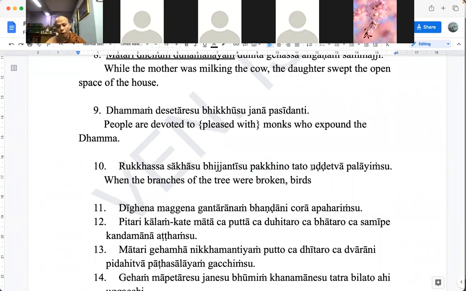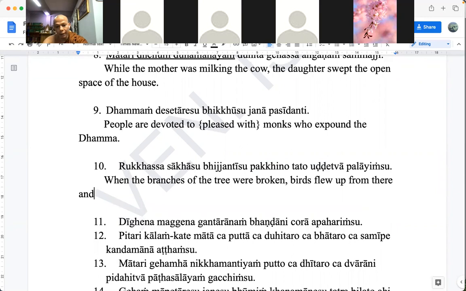So uppatitva, flew up. Tato means from there. From there, and because of the flight, palayimsu, so ran away. When the branches of the tree were broken, birds flew up from there and ran away.